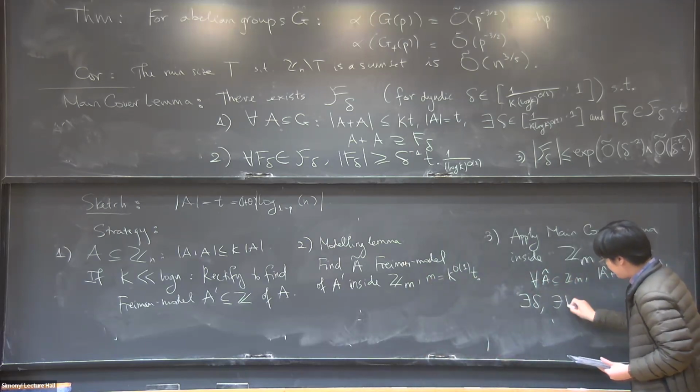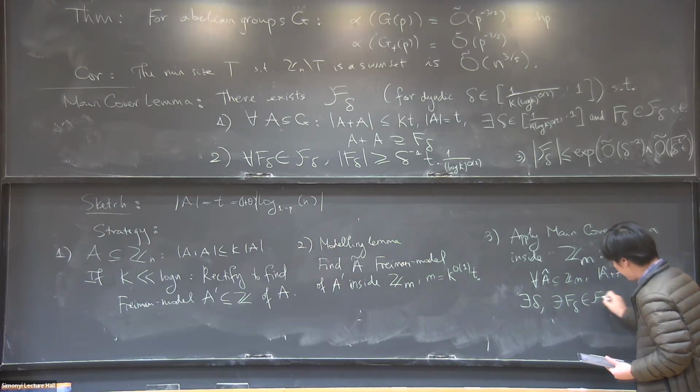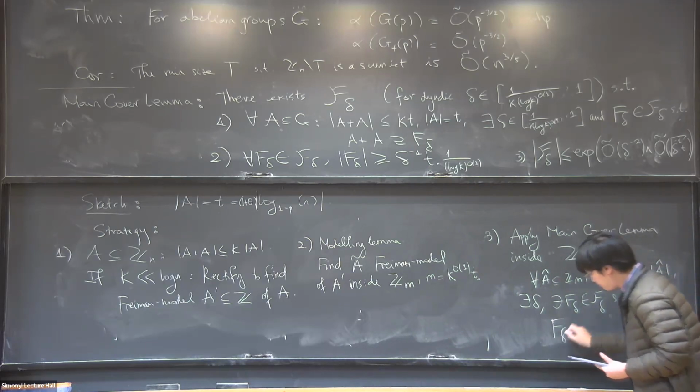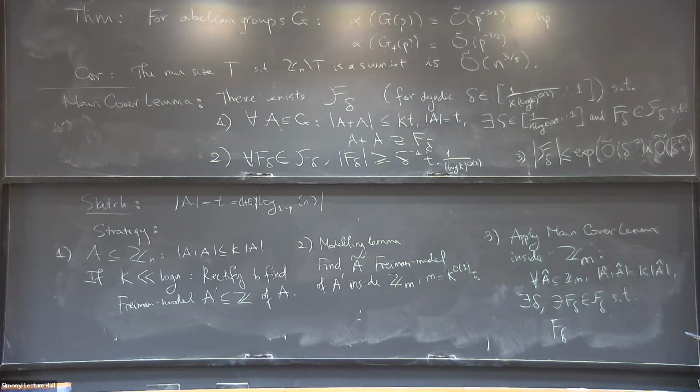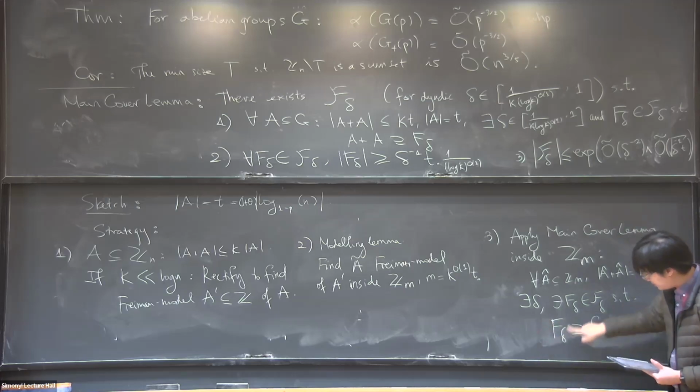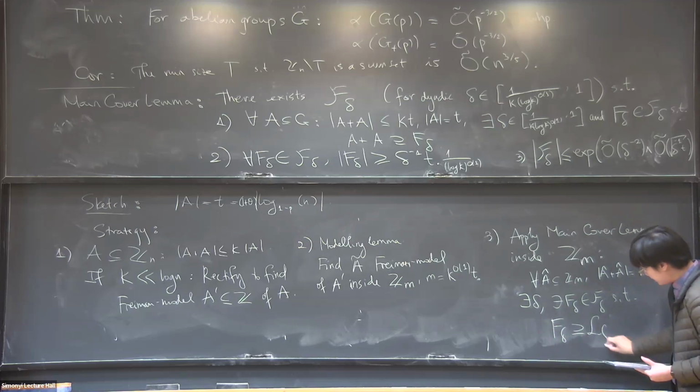We can find some F delta in the efficient cover that we constructed before, such that this F delta, or before we only cared about the size of this guy, but now we will see that it will be important that we use fully the fact that this set that we put into the cover contains fully some large level set of the convolution of A hat.